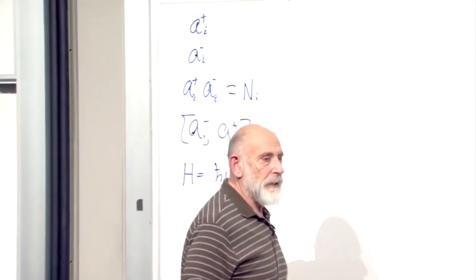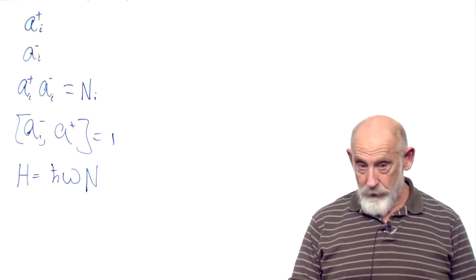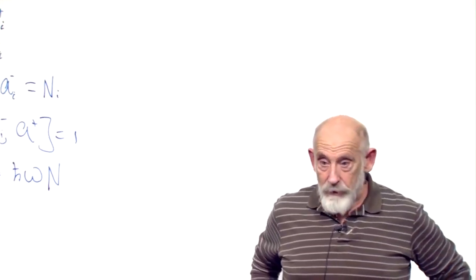Each oscillator, think of it as an independent system, as a system which is just an independent degree of freedom. And when you have independent degrees of freedom, the operators for one subsystem commute with the operators for any other subsystem. That's a rule. We went through it a year ago, whenever it was.